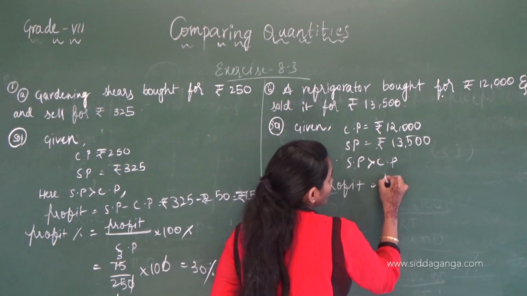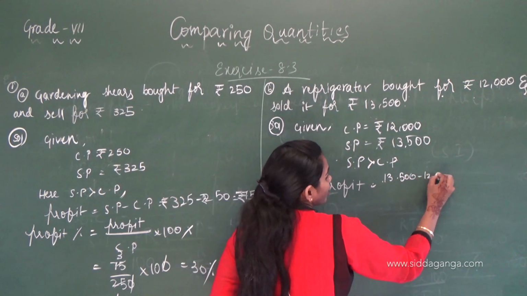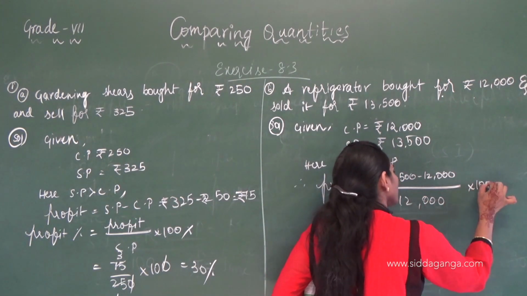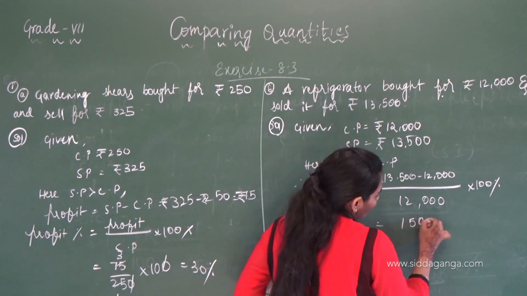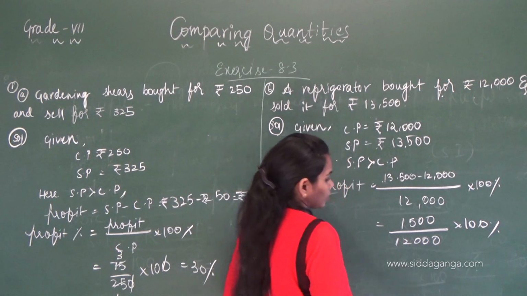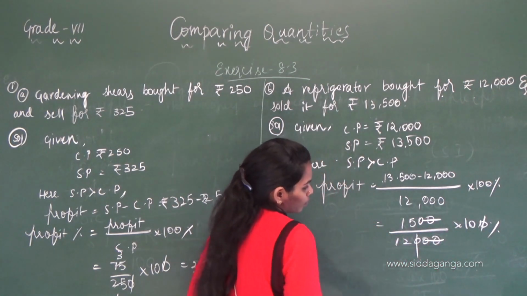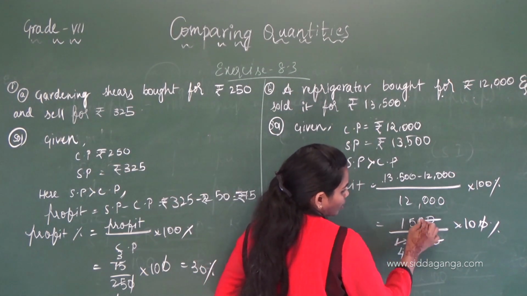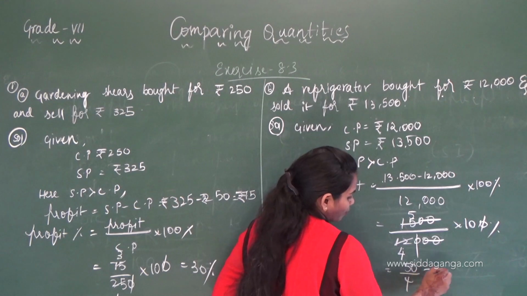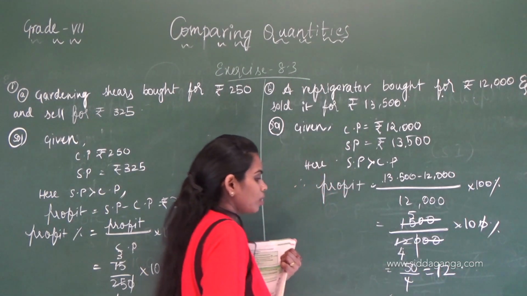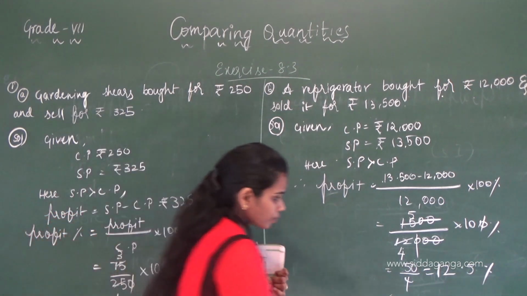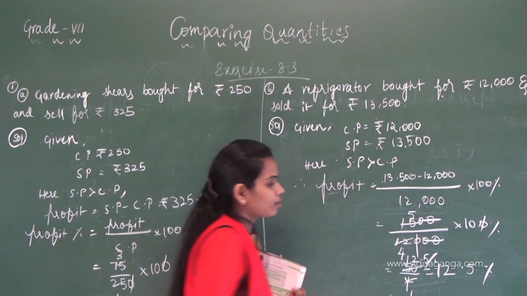The difference between these two is 13,500 minus 12,000, divided by CP, into 100%. 1,500 by 12,000 into 100%. That comes to 12.5%.